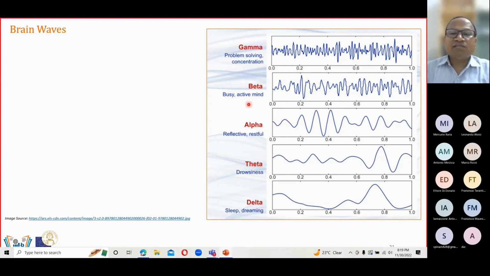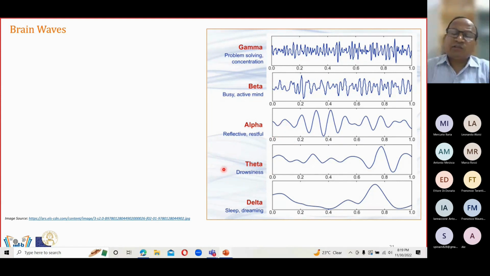Beta, when we are busy and our mind is very active on work. Alpha, when we are not sleeping or dreaming, but we are in a restful state, reflective, just observing something, watching TV, you can say, but with active restfulness. So that time alpha is there.